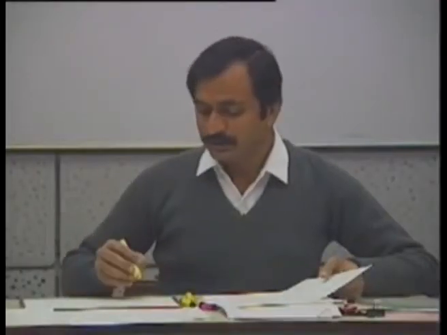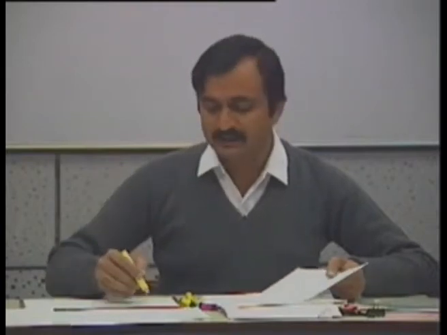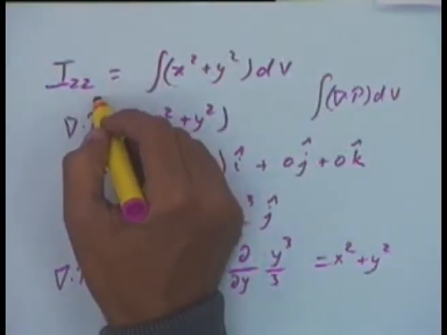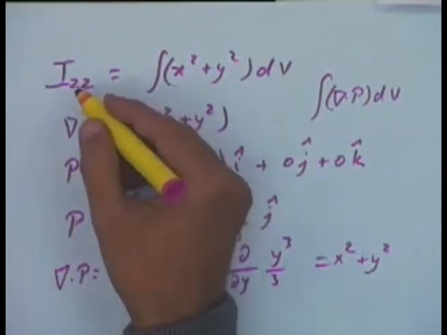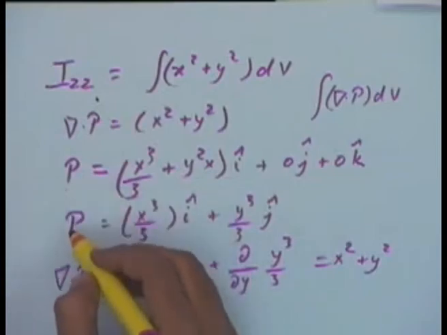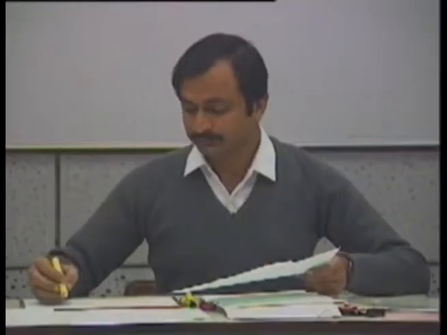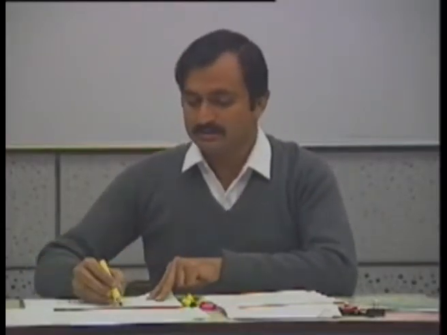So the choice of p is not unique. You can have different sets of p still giving us the same moment of inertia. Depending on the moment of inertia we need, or depending on the property that we need, we'll choose a different value for p and carry out this surface integral.